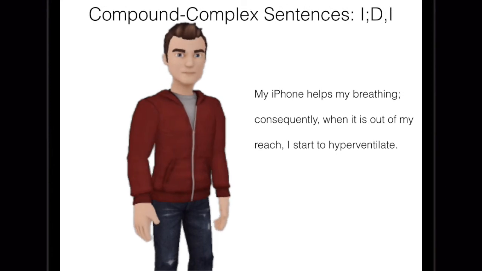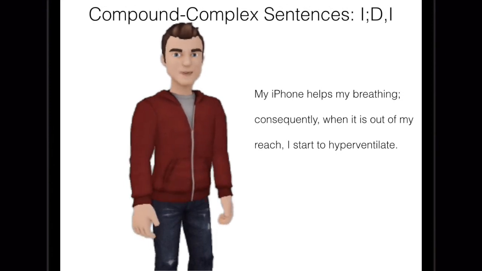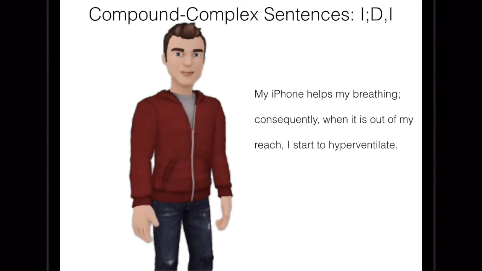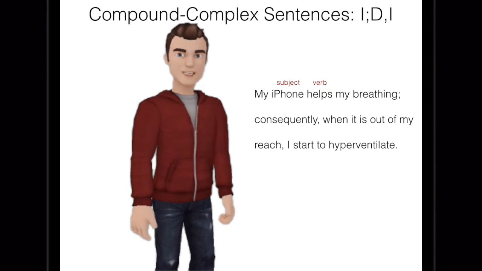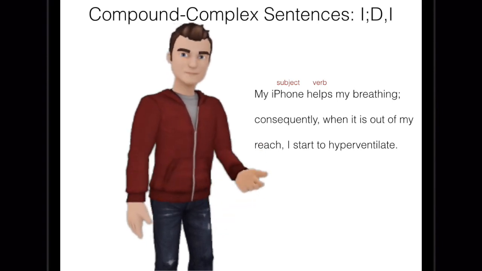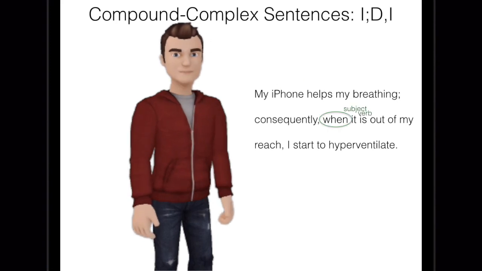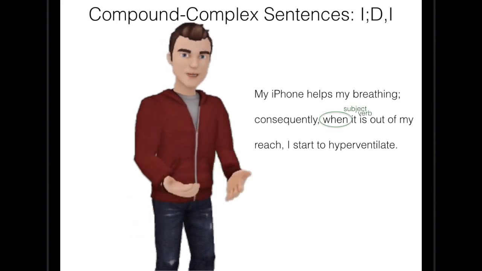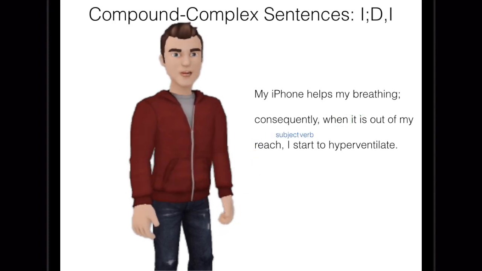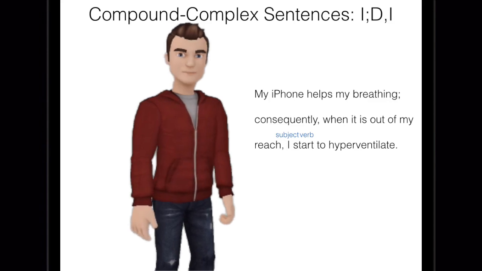The next formula is I semicolon D comma I. In this one we start off with an independent clause, so we have the subject and verb, iPhone helps, then we have a semicolon, then we have our dependent clause, we have when it is, and then because we're starting off with a dependent clause here, we're going to have a comma after it. Then we have our independent clause, I start, subject verb.